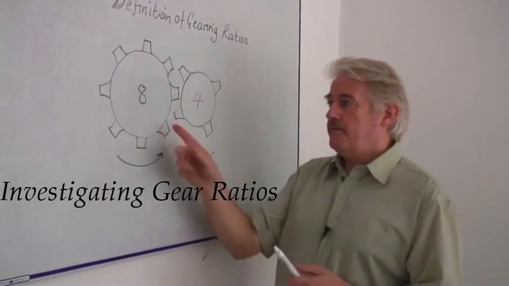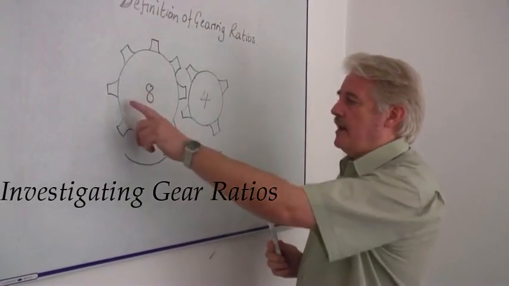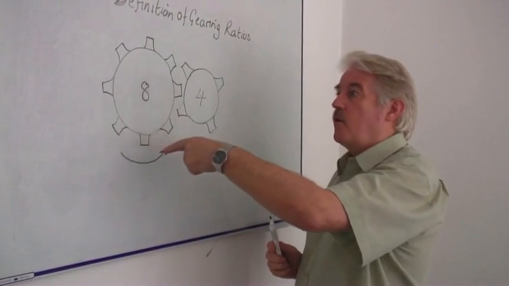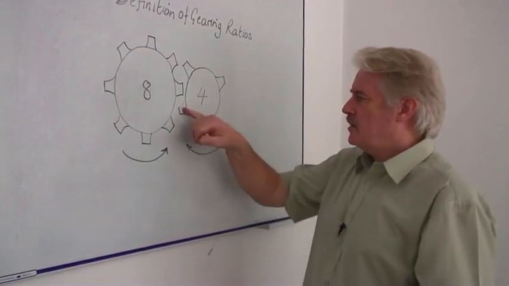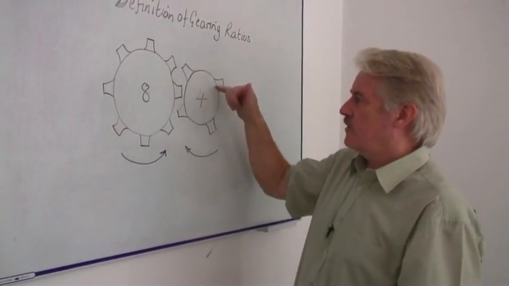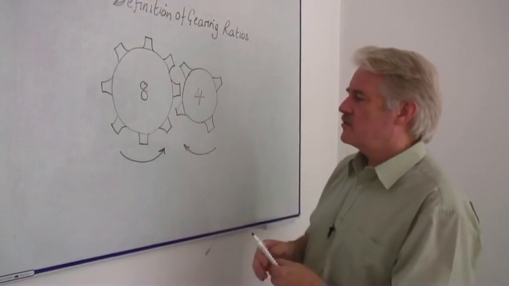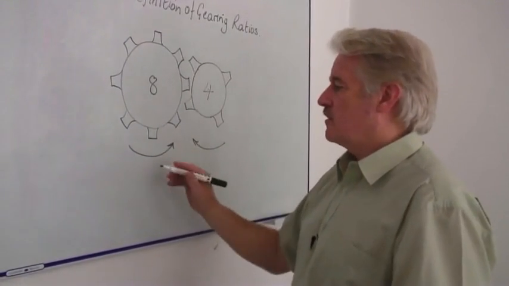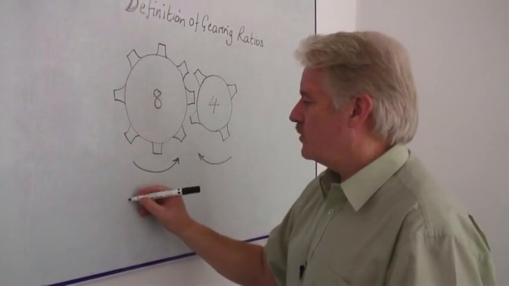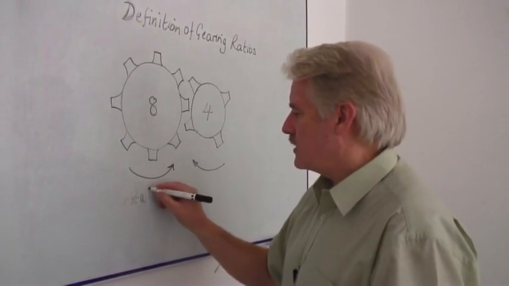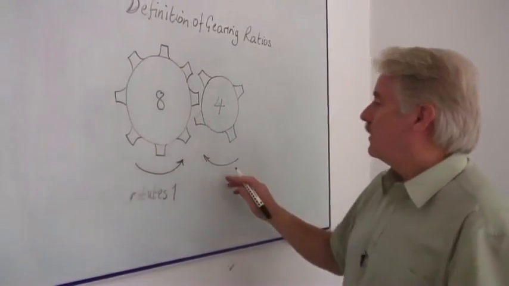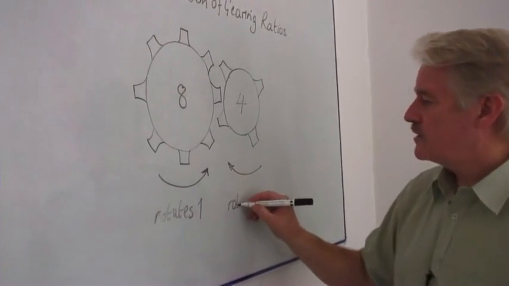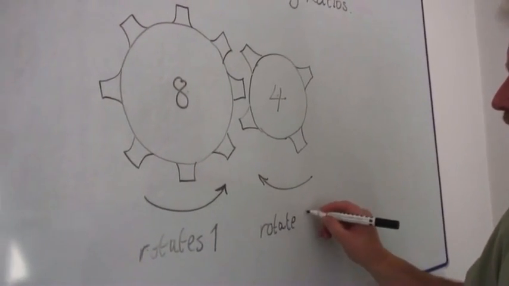Now, if I rotate the one on the left anti-clockwise once, it's got 8 teeth. Each tooth engages with the tooth on this wheel, and this means that although this rotates only once, this one will rotate actually twice.